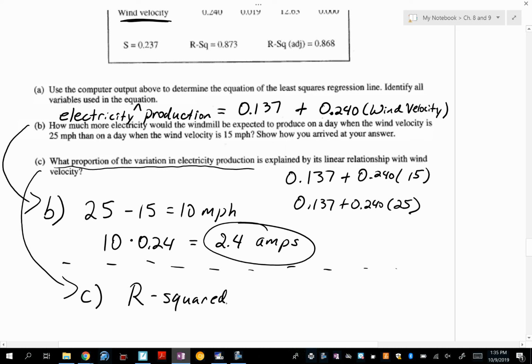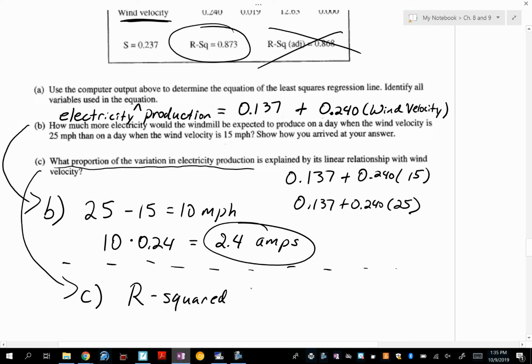Remember, I told you R squared is the percentage of the change in your Y that can be explained by your X. Proportion and percentage, very similar words. Variation and change, also very similar words. All right? So when you look at the table, look at the R squared. It's right here. Don't ever look at R squared adjusted. You don't need to know that one.